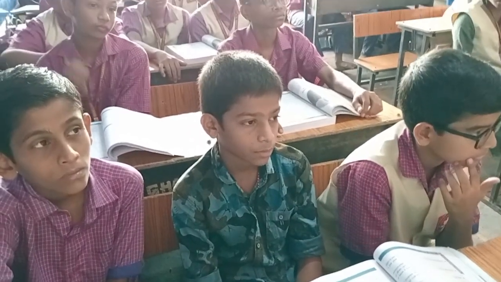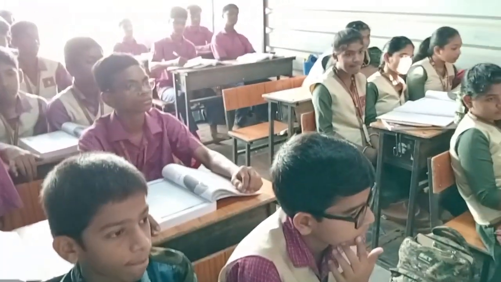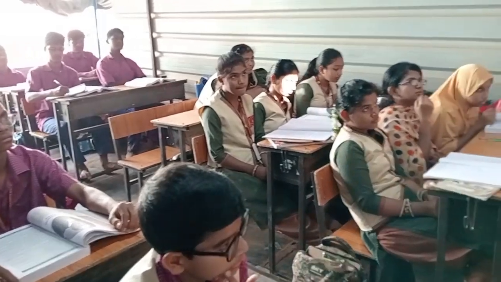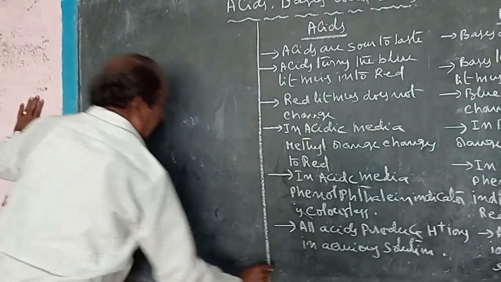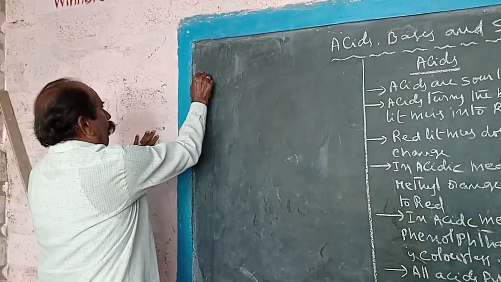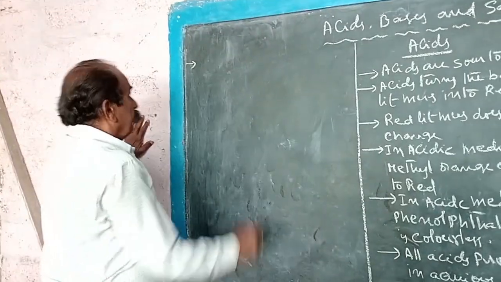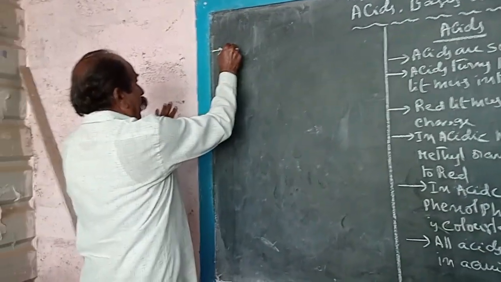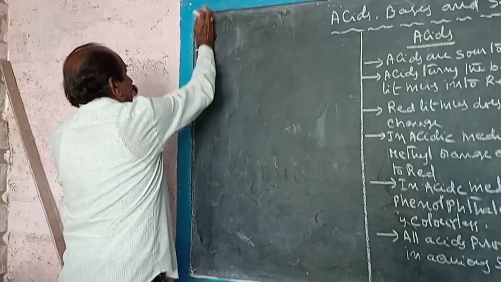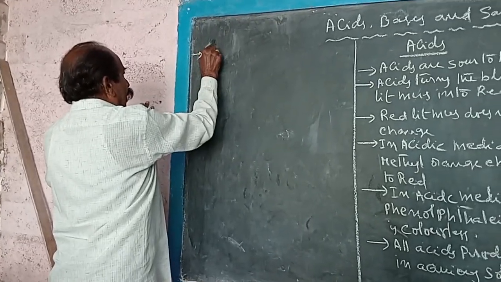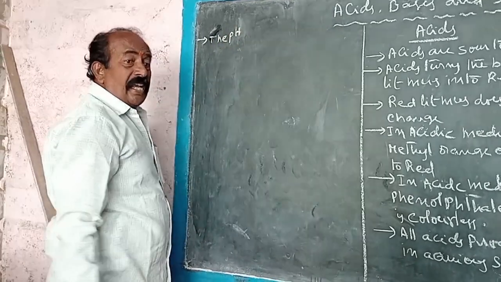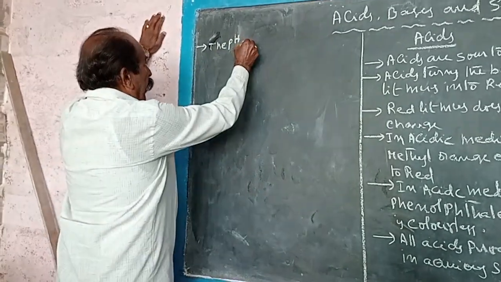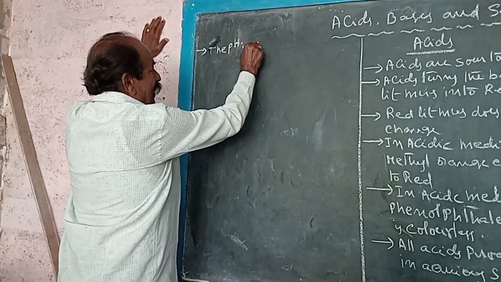Next, a very, very important one. The acids and the bases, some more important points. Under the acids, the pH value, the power of hydrogen ion concentration, is less than 7.